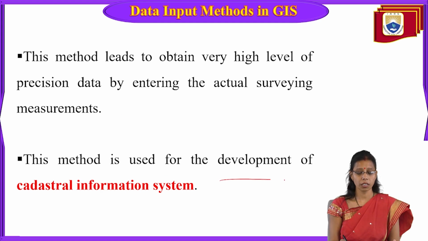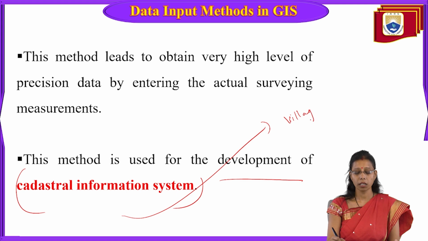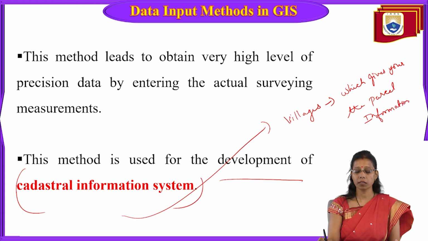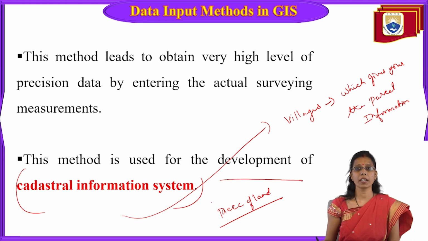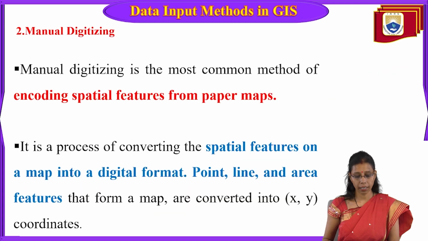This method is used for the development of cadastral information systems. A cadastral information system is information about villages which gives you the parcel information. What is a parcel? A parcel is a piece of land. That piece of land information can be given through data input methods and keyboard entry.